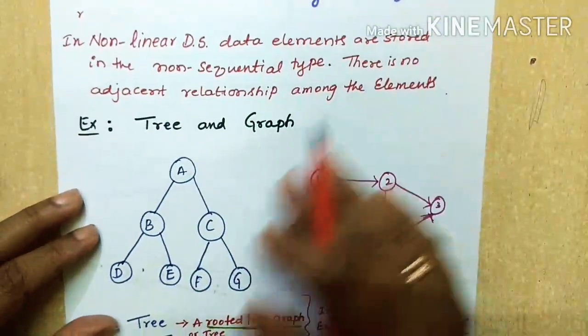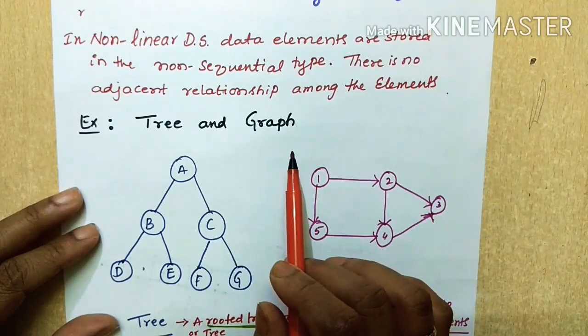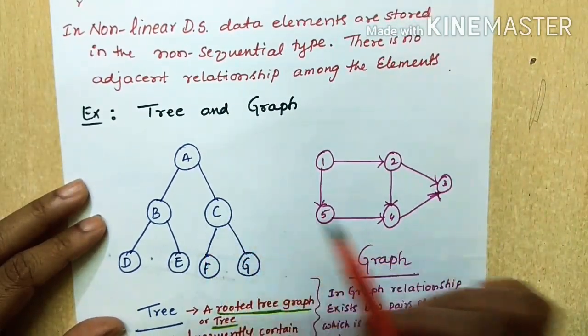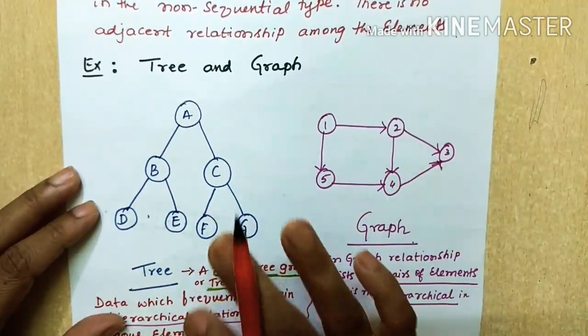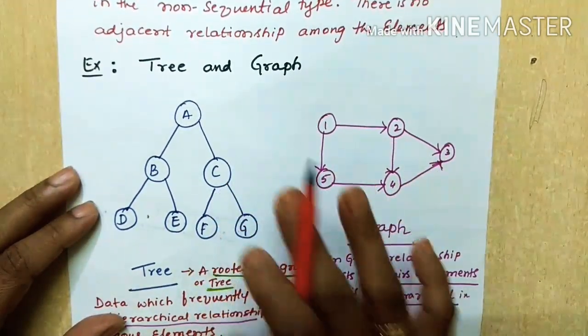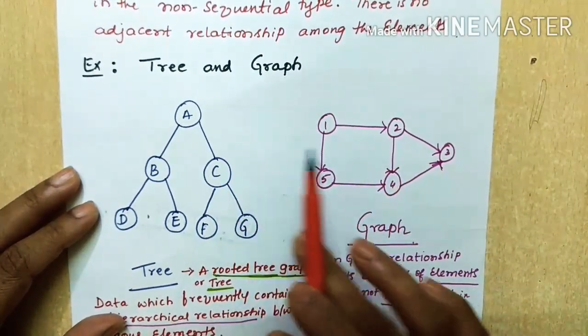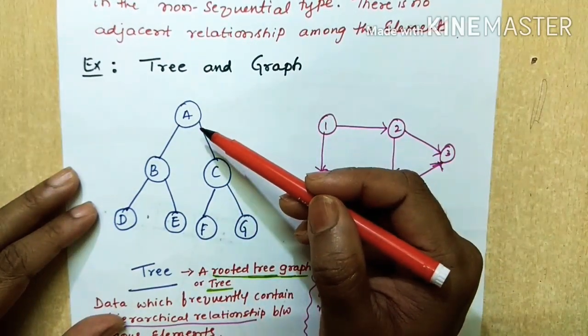So here are examples: one is called tree and one is called graph. Even in tree and graph the data are stored, but not continuously, and not in sequential order. Look here, this is a tree.